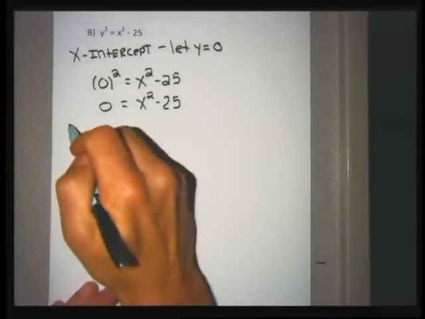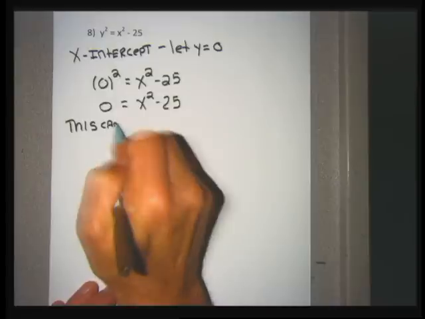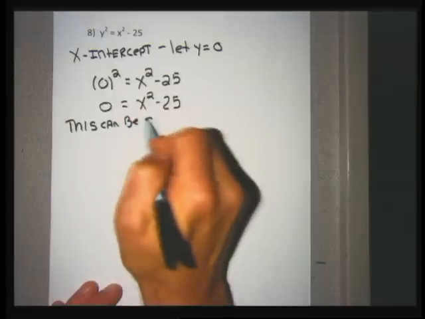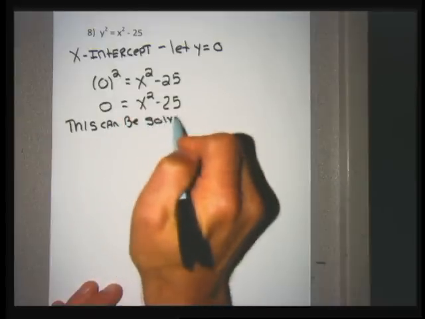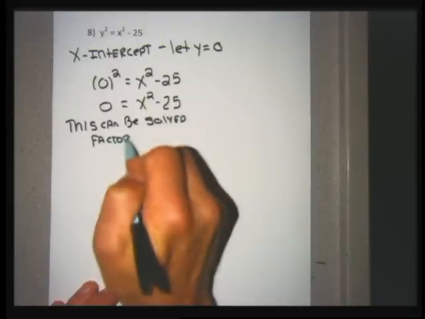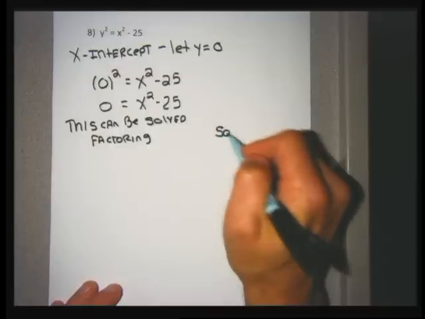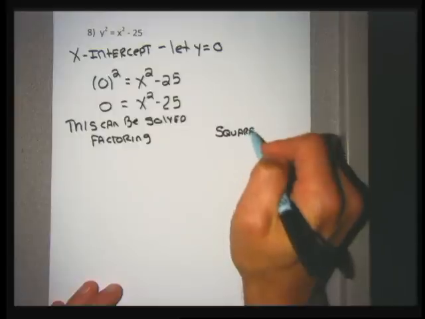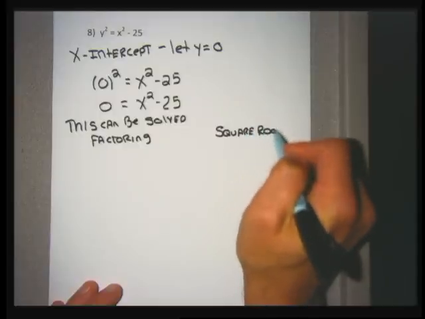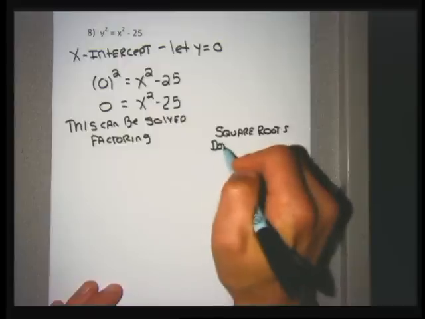So this can be solved by factoring, or it could be solved by taking square roots. And if I solve it using square roots, you can't forget you need the plus or minus.